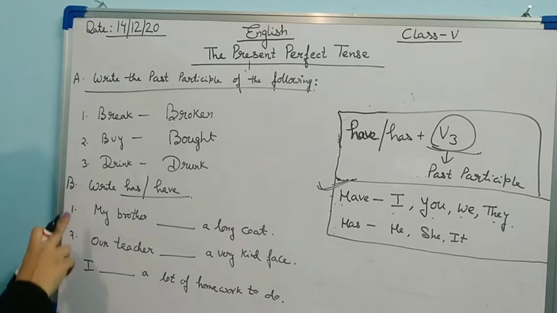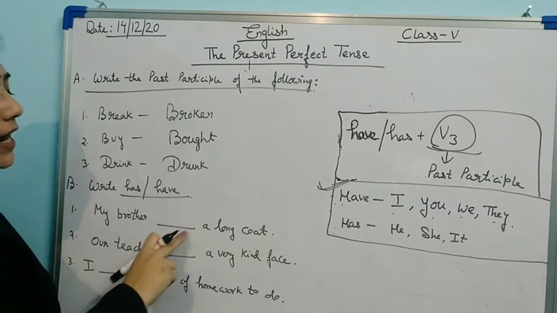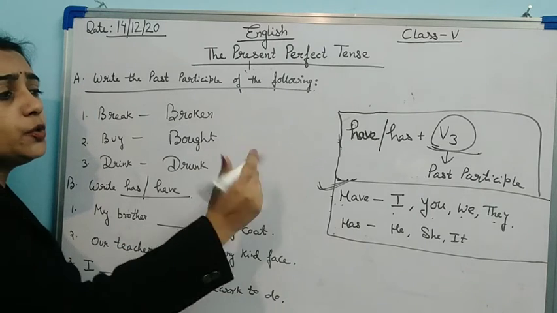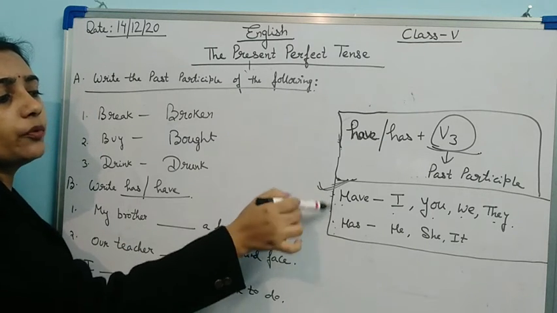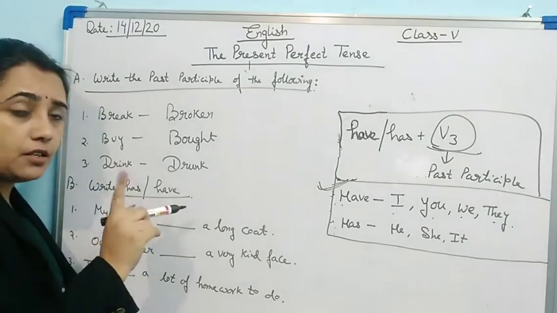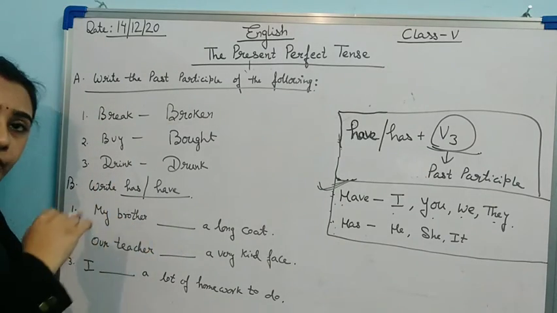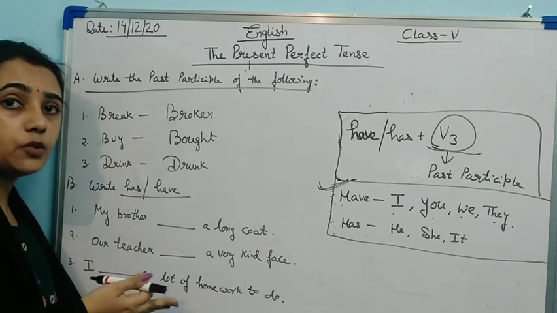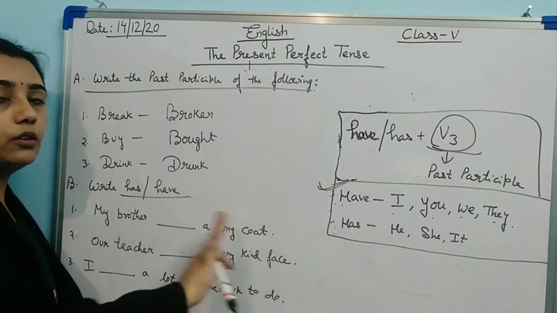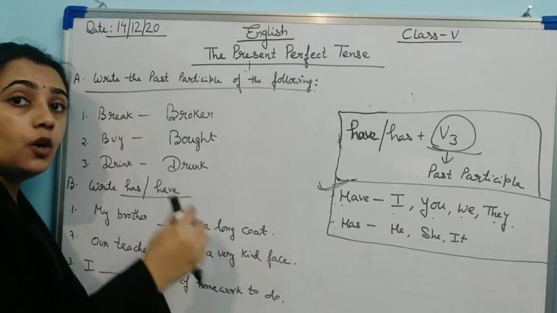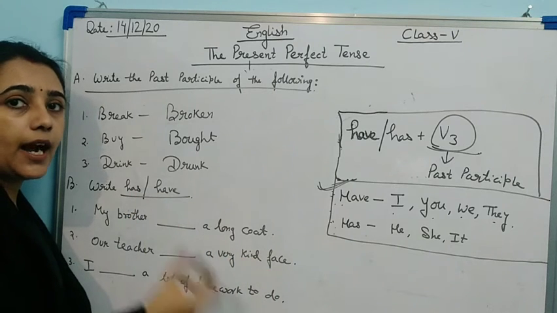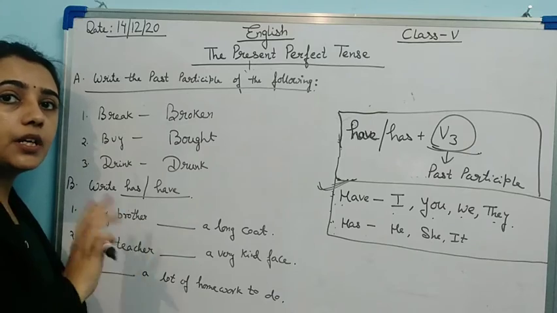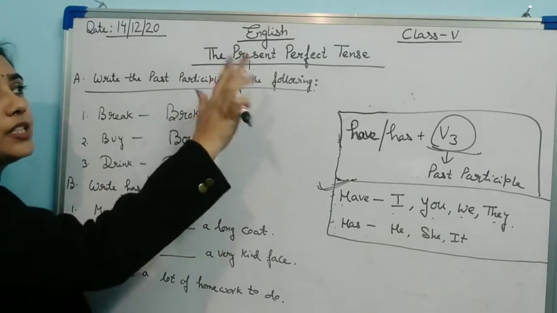See, my brother dash a long coat. Just to make it simple, let me tell you, you have to watch this in the subject. So my subject is obviously on this side because here it is showing the person who is doing. I have no concern with the action that has been done. I have to work with the doer, who is doing. I am concerned with the doer here in present perfect tense.